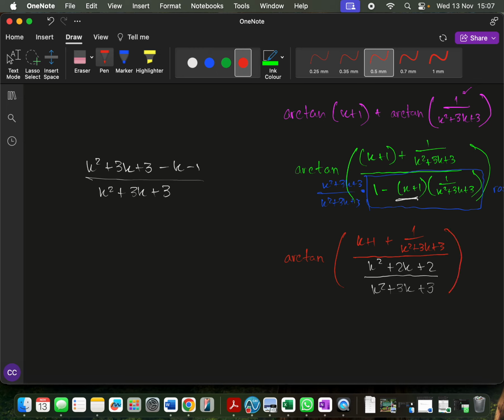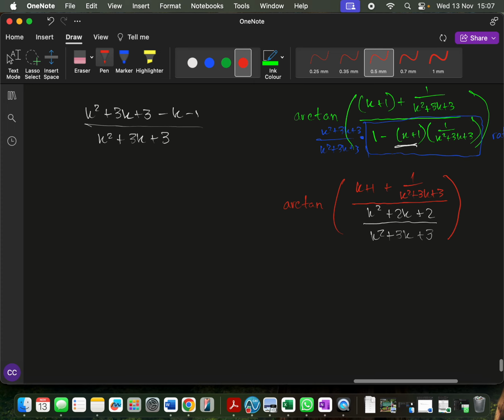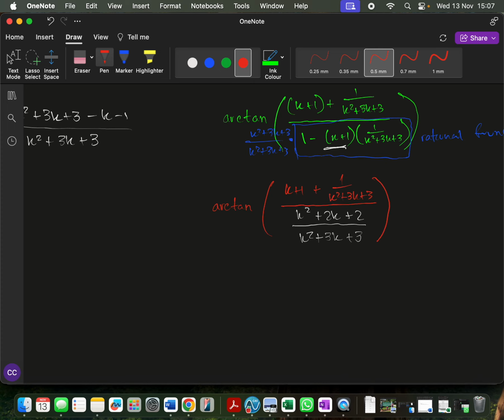Now, when I divide by a fraction, I take the reciprocal and multiply. So if I was to do that, my denominator is going to turn into k squared plus 2k plus 2, but now I have to multiply this through the top.